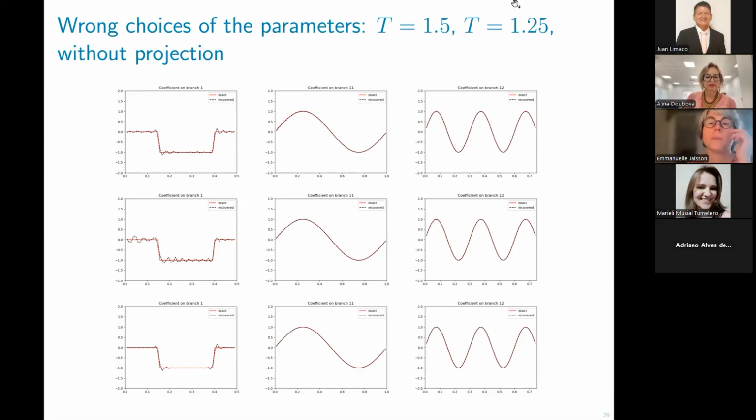So I told you just before that the length was 1.5, and in fact, if you take 1.5, you manage to recover your potential, even if we don't have the result for this time. But if you take a time smaller than the length of your network, you don't manage to recover the potential at the root, because your information didn't have the time to go from the end of the network to the root. Okay.